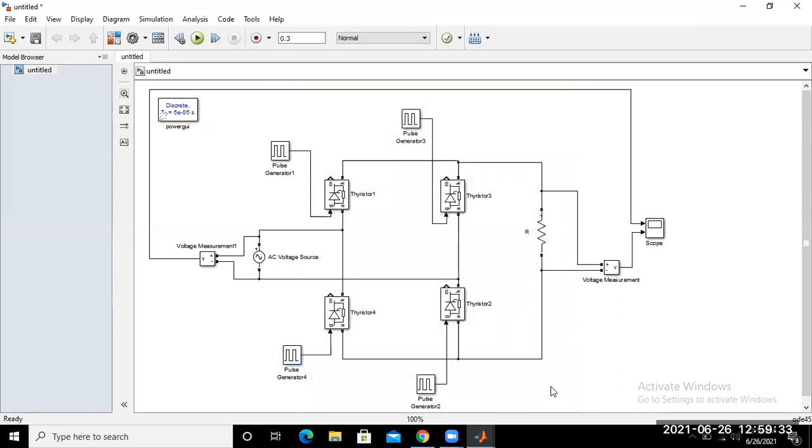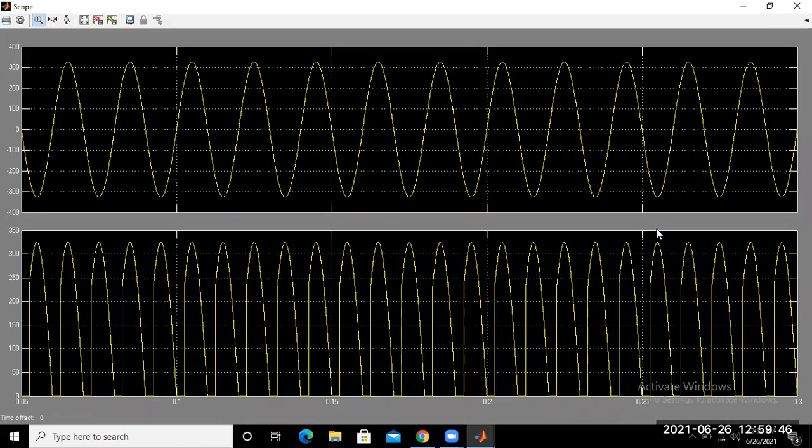Now again just run this model and try to see the output voltage and input voltage waveform variation. Just double click on the scope. So this is the input voltage waveform variation and output voltage waveform variation at the phase angle delay of 45 degree.